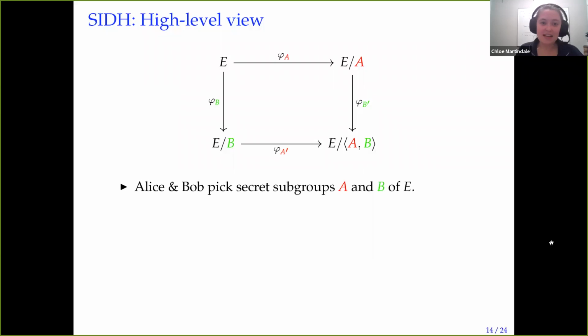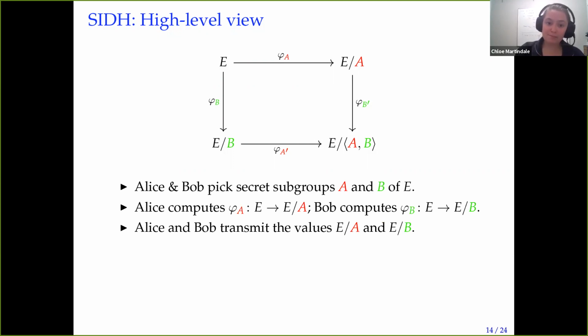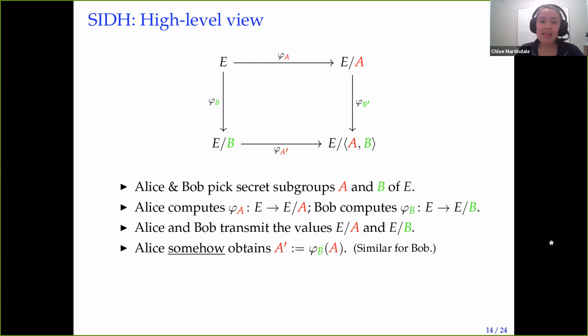Here's what I've just said. Alice and Bob pick secret subgroups A and B of E. Alice computes the isogeny with kernel A, and Bob computes the isogeny with kernel B. Alice and Bob transmit the values E/A and E/B, respectively.